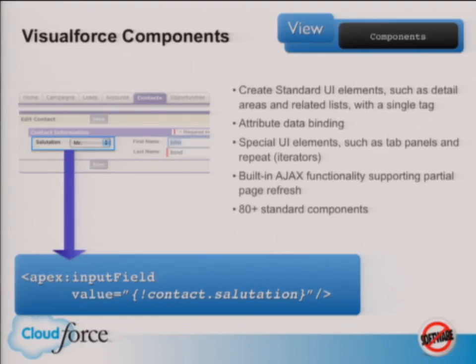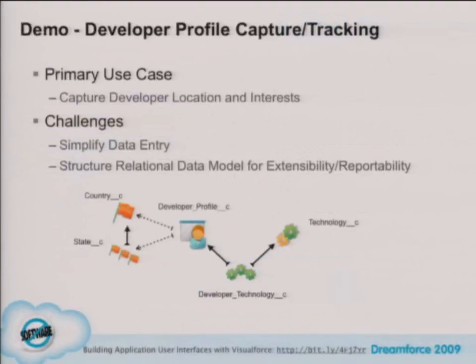This is a special one that if you take nothing away from this other than knowing what input field is, it's the magic. You bind it to the controller, and the controller sits behind, and that's where you pass your data back and forth. And that simple expression, contact.salutation, says this field should bind to the salutation field on contact, and it will materialize as a pick list with the pick list options that you've defined in your organization. So that's the basic background there.